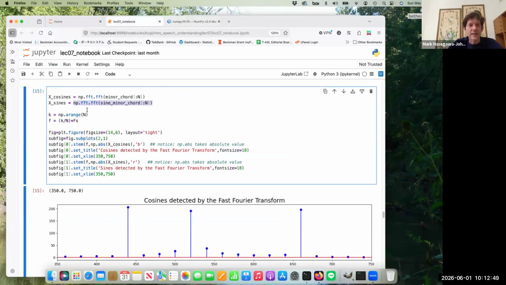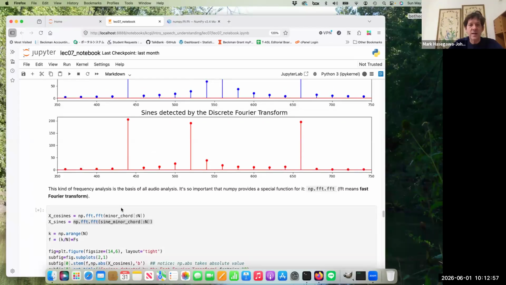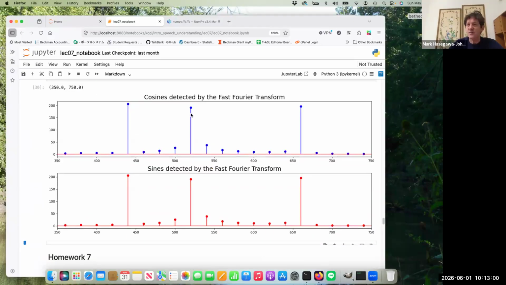And we can plug it in directly in place of W times X. We can plug in np.fft.fft of the sine minor chord and the sine major chord, and we get exactly the same values that we got before. Right, 400 samples long, so 400 over 2 is 200 samples, and we see that we have a pure tone at 440 hertz, another at 520 hertz, and another at 660 hertz.